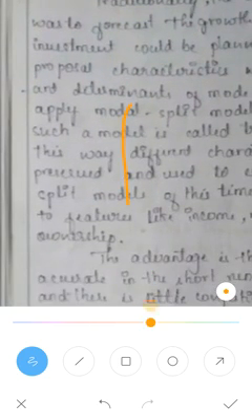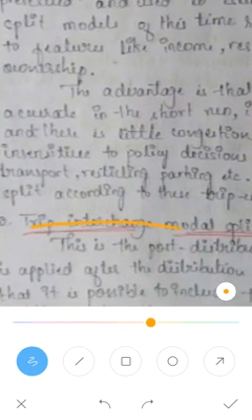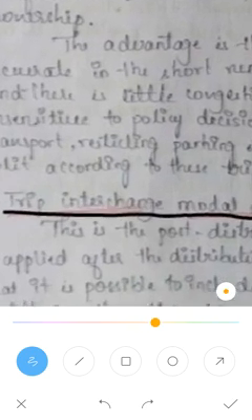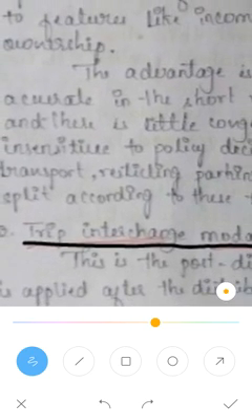Next we will go to the second one, that is the trip interchange model split. This model is used only for the distribution of trips, to find out the trip distribution over the stages.